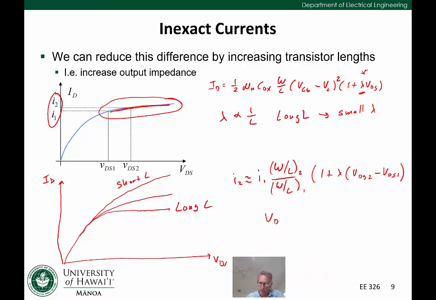Notice that VDS1 is just equal to VGS, and VDS2 is equal to Vout. This is equation 8.10 in the book, for your reference. And as you remember, lambda is equal to 1 over the Early voltage, so they use the Early voltage in your book as a reference.